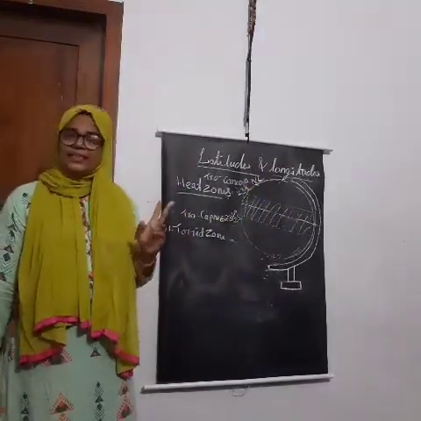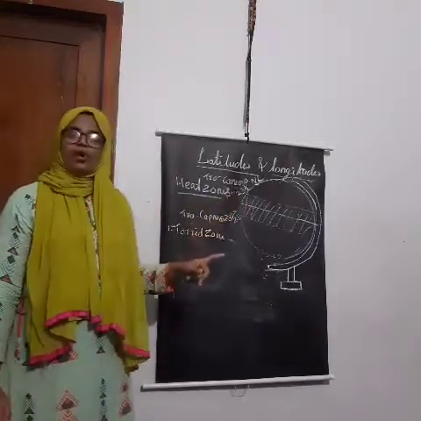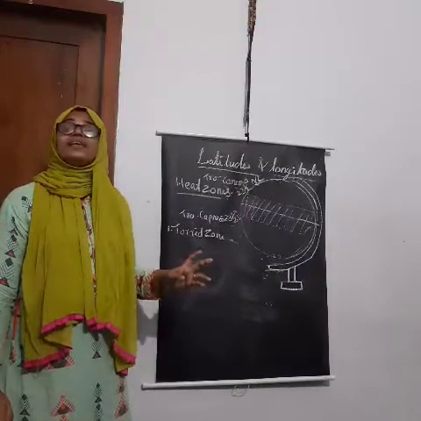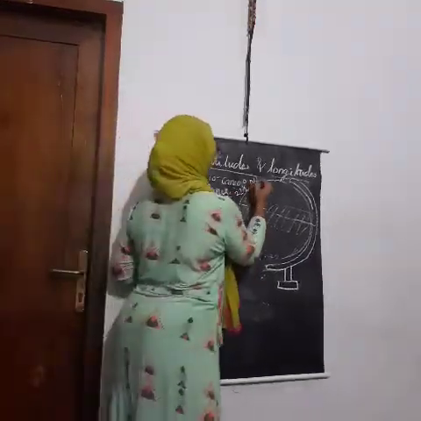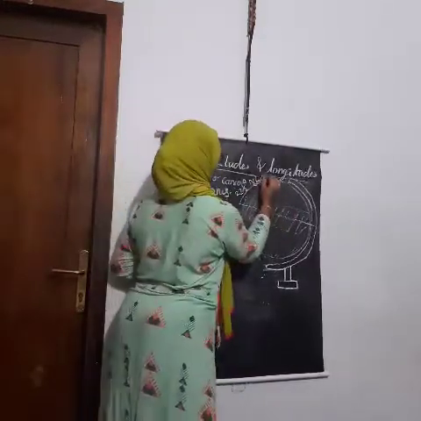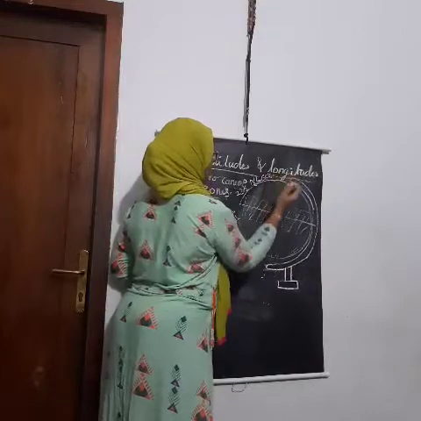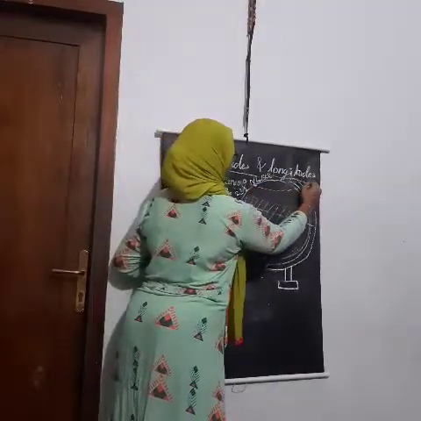What is this latitude called, you know? Arctic Circle. Tell me, Arctic Circle, 66.5 degree.